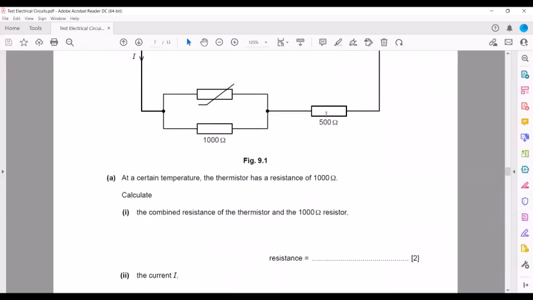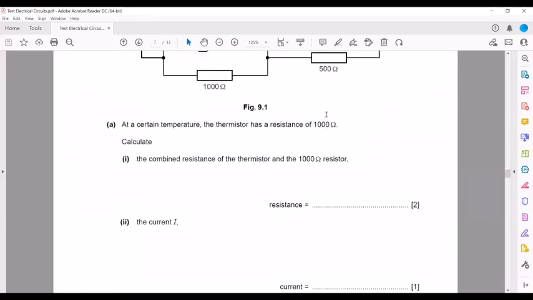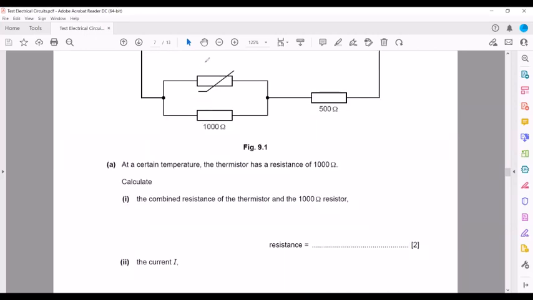If the resistance of the thermistor is 1000, we need the combined resistance of this part. This one is 1000 ohms and this is 1000. First, these two 1000 ohm resistors are in parallel. What is the combined resistance? Product divided by sum.